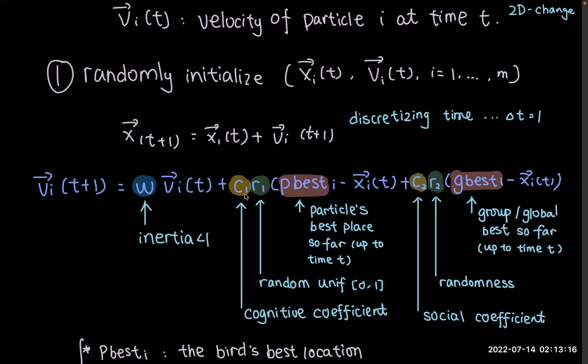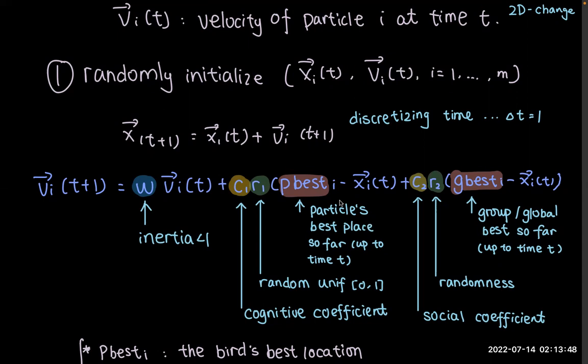So we have c1 times r1, and then times (p_best_i minus the current position of i). Here p_best_i is the ith particle's best place so far, up to time t. For example, for the bird, the bird remembers the best place it has visited in terms of food availability, or food abundance, or maybe food quality.